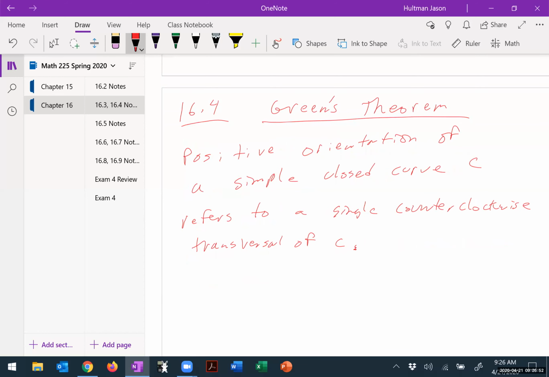What does that mean, counterclockwise? It means that we're going around opposite the way the clock would be going, and we're transversing the entire thing. It's this direction. Again, we use the right-hand rule.